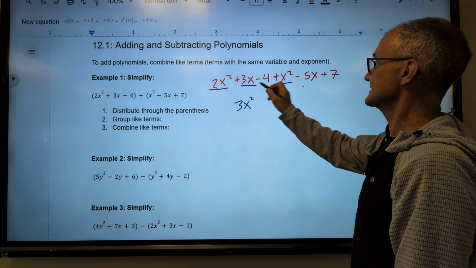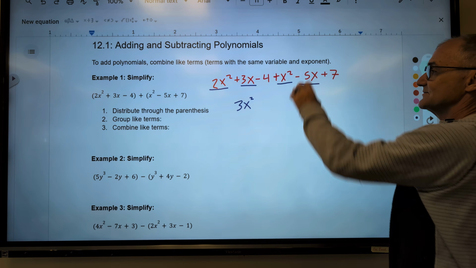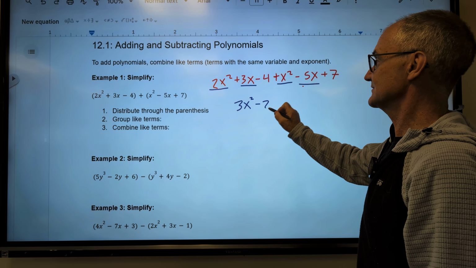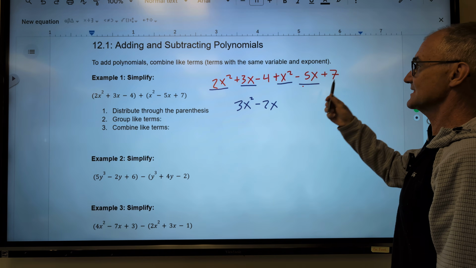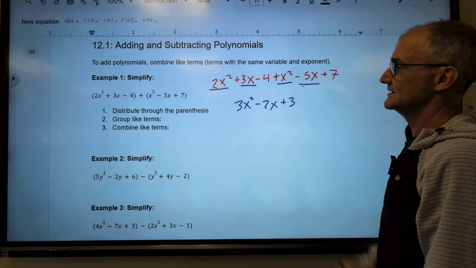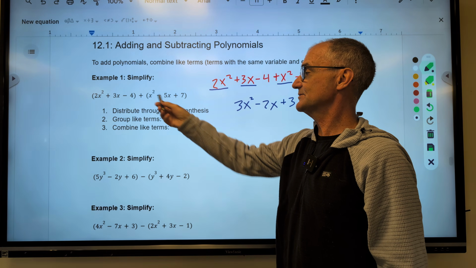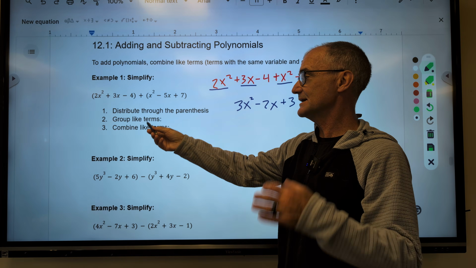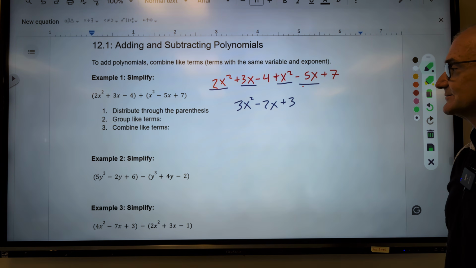I have 3 x's minus 5 x's. So I have 3 of these things minus 5 of those things to give me negative 2 of those. Negative 4 plus 7 is plus 3. So what I did first is I distributed through that parentheses. I grouped or combined similar terms. I guess those two things are pretty similar.